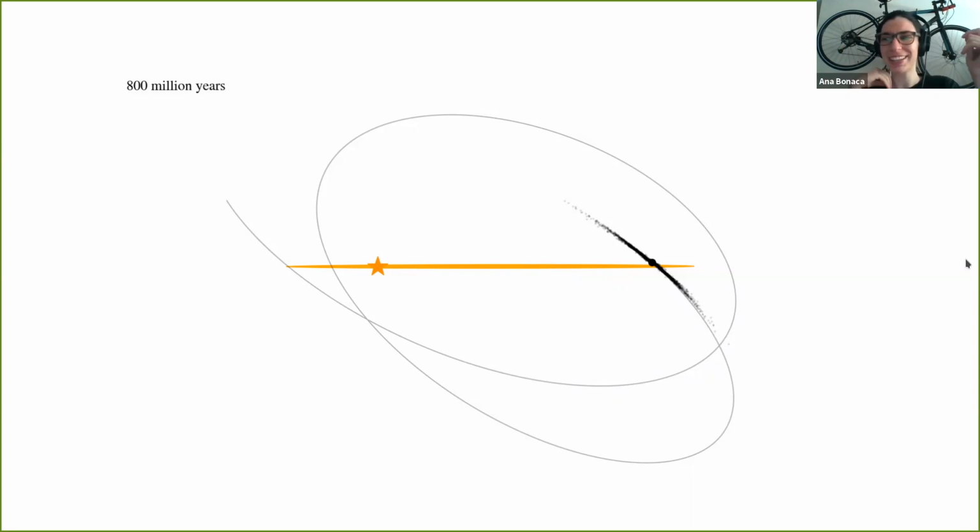Also, as the structure stretches out in phase space, it could become colder. So to first order, you can think of the stream as being of the same order as the globular cluster in terms of velocity dispersion.